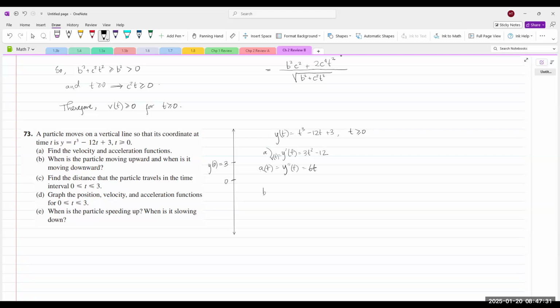So part B, upward when y prime of t is positive, right? So 3t squared minus 12 is positive. Let me factor it.